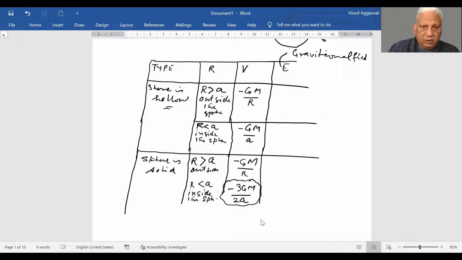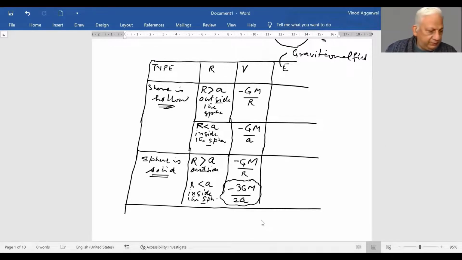We are just giving the formula for it. So we have two cases, when sphere is hollow and sphere is solid, and in each we have two cases, when the point is outside or the point is inside the sphere. These are the values of potentials.